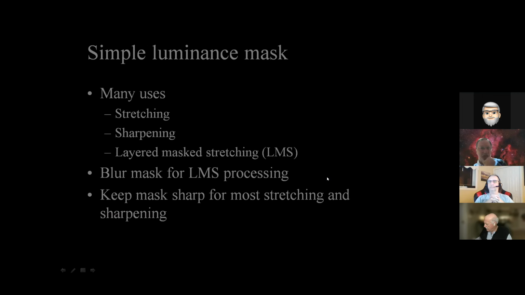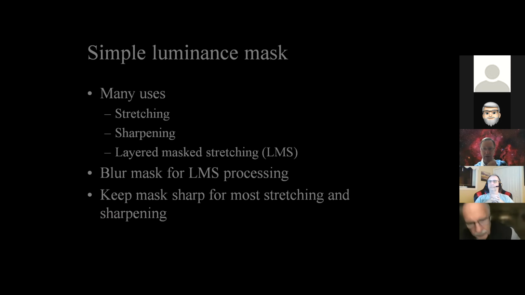So the first one that was on that list is a Luminance Mask, and it's got several uses. It can be used when stretching an image. You tend to use it to prevent stretching the background of an image and keeping the noise under control. You can use it when sharpening. And you can use it for a technique that I'll show you tonight called layered masked stretching.